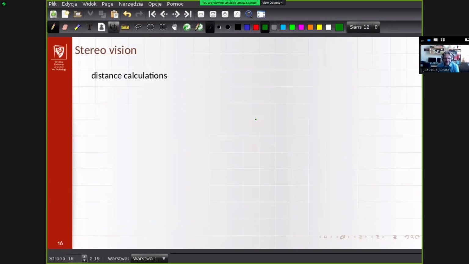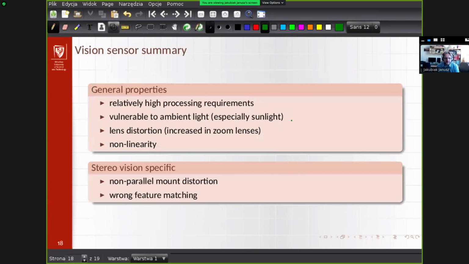So if the object doesn't reflect, or it reflects some sun, you may not be able to detect that point, and you will not be able to use this for measurements. Also, different changes in light in stereo vision can also influence the precision of the measurements.